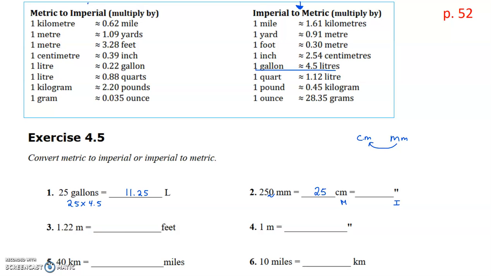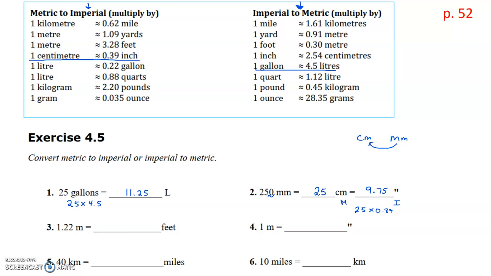So we're going to use the table on the left-hand side to convert from our centimeters to inches. 1 centimeter is 0.39 inches, so we're going to be taking 25 and multiplying this by 0.39, and that gives a result of 9.75 inches.